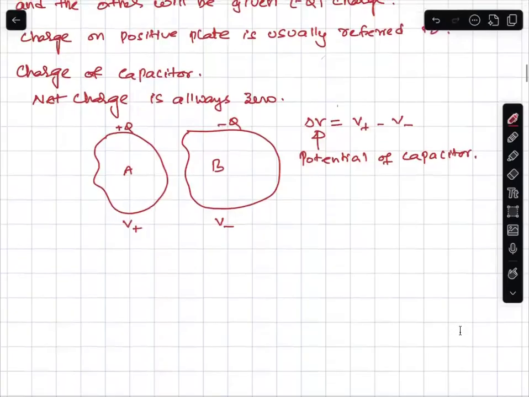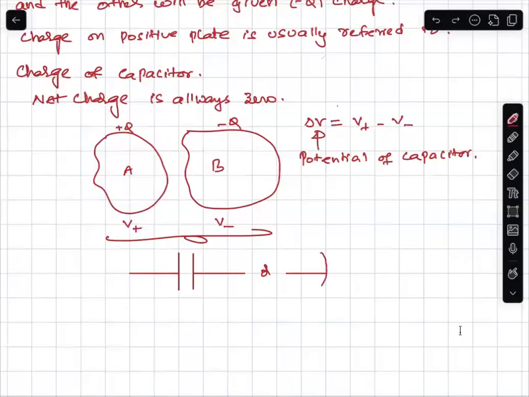Remember, every time you cannot write the entire arrangement. So symbolically, we will represent it like this. Some books represent it like this, where the curved part represents the positive plate.